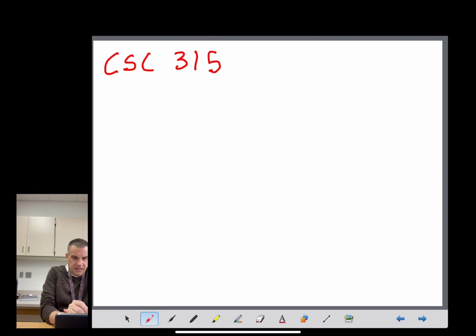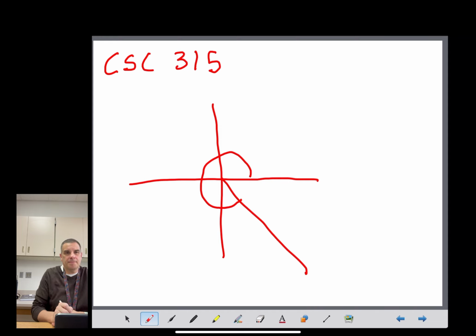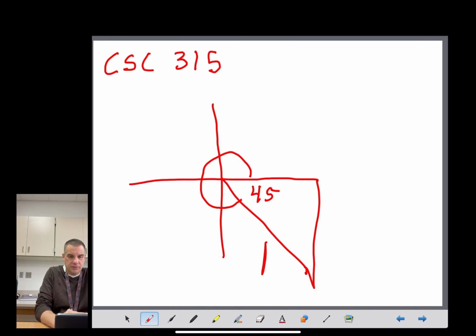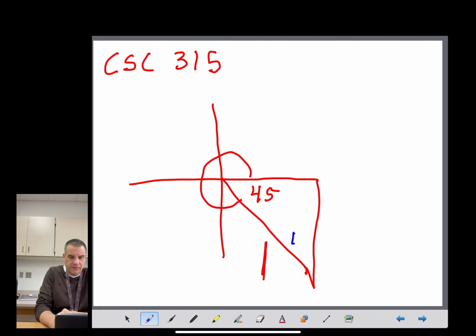Okay, so we've got the angle measure this time already, so we're just going to go ahead and get the angle measure. It's 315, 270, 315 must be right there. So we've got to get to 360, 360 minus 45. So we've got a 45, 45, 90.